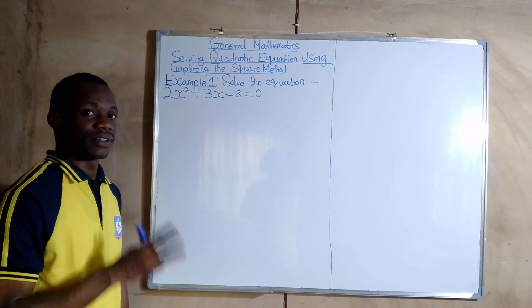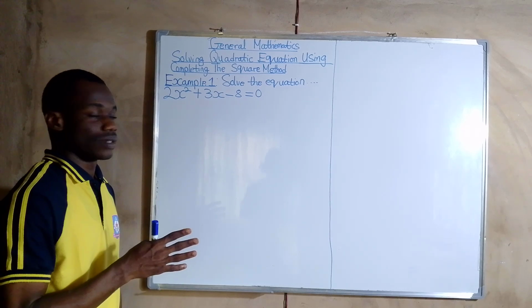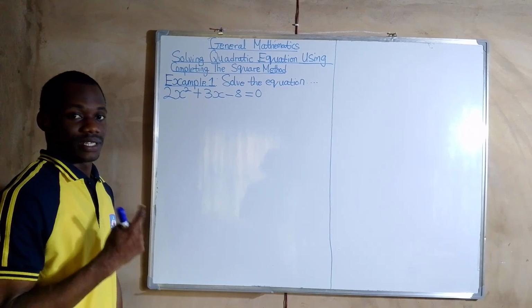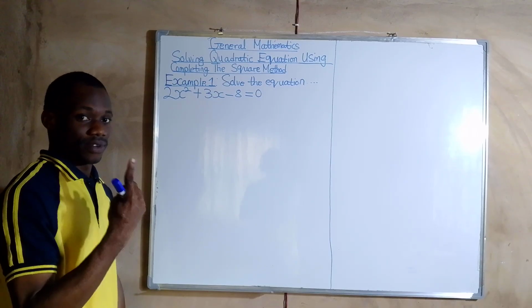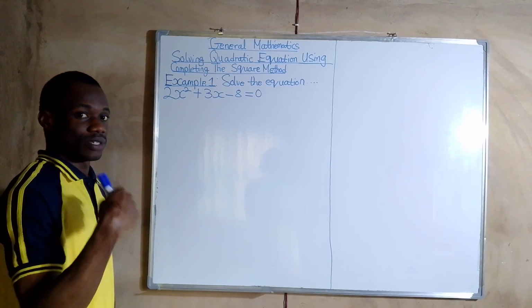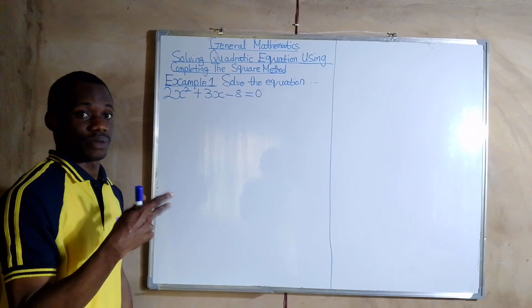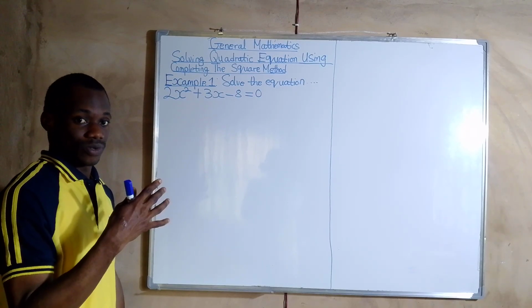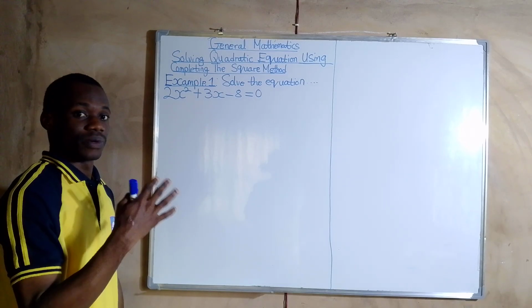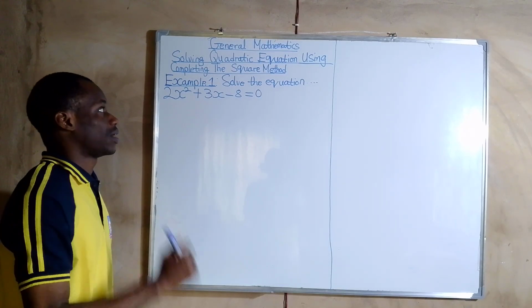Then we also have graphical methods. We have treated factorization in our previous video, so get in touch with our previous video on factorization. So this is the completing the square method, and we'll also be treating the formula method.